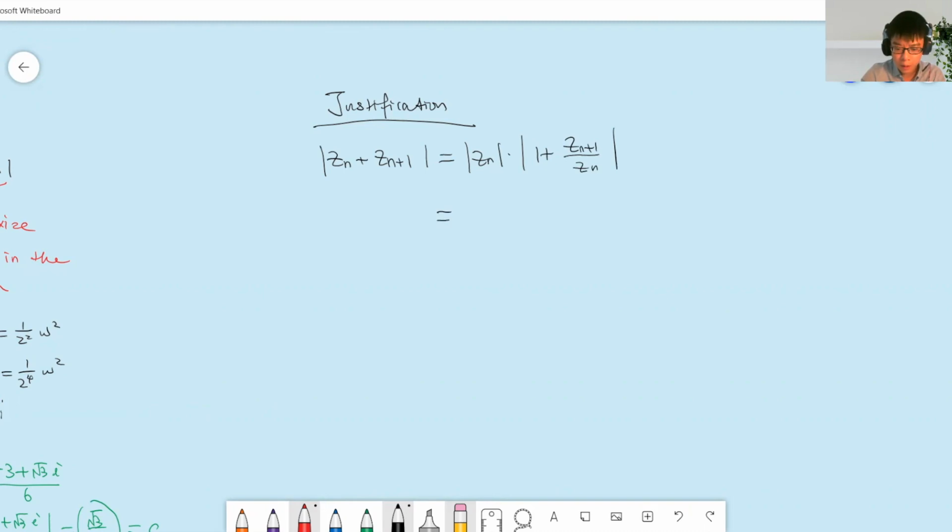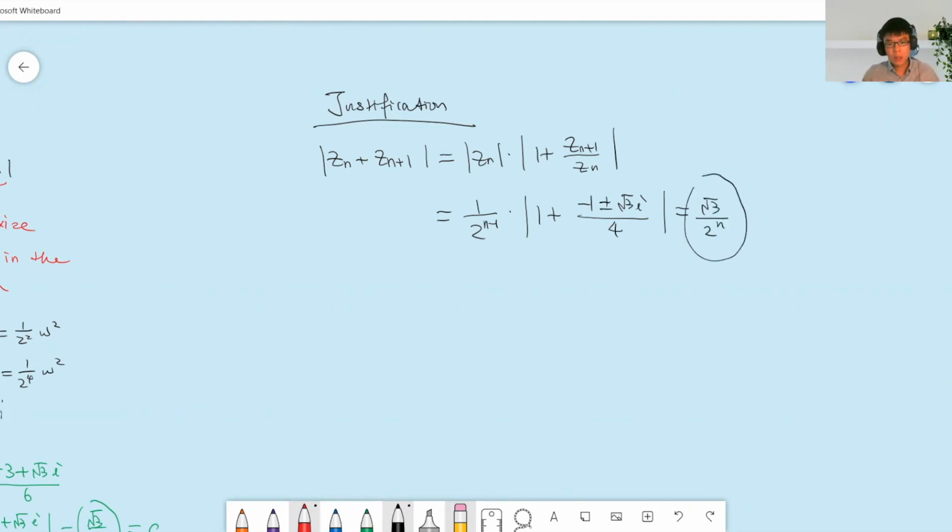And we know Zn has modulus 1 over 2 to the n minus 1 power. The ratio is 1 plus, but this ratio has two possibilities, -1 plus or minus √3i over 4, but it does not change the modulus. So this will be equal to √3 over 2 to the nth power.